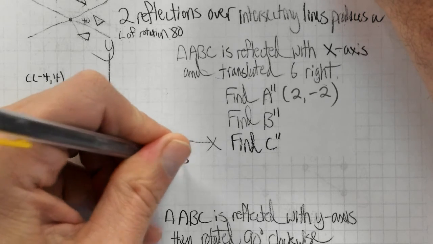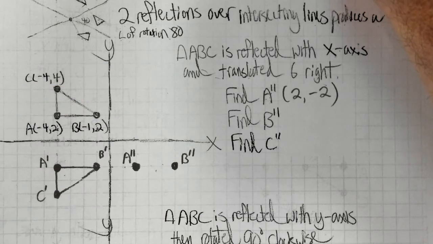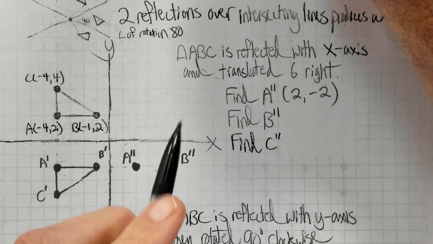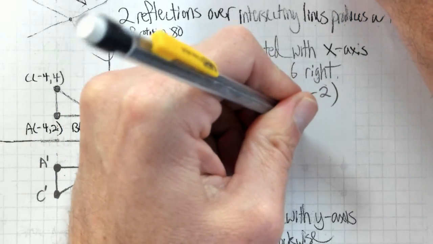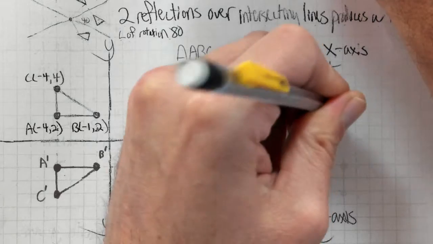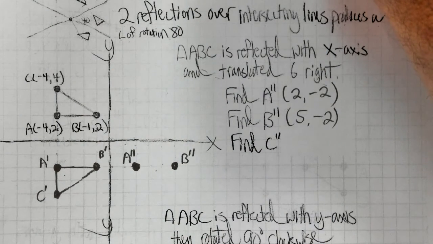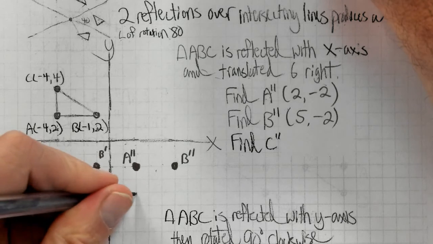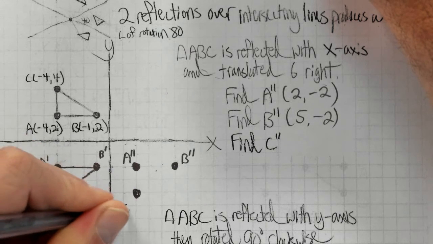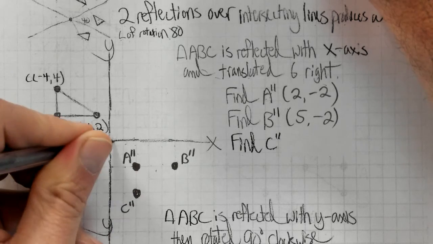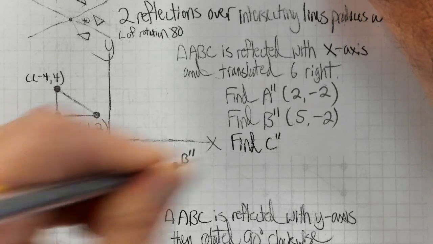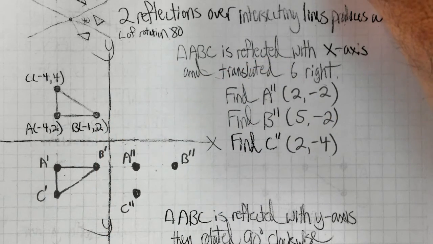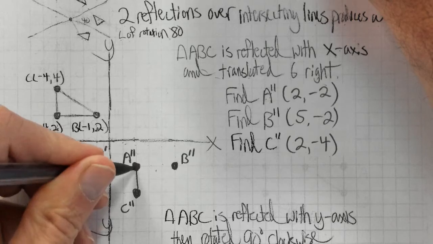That's B double prime. And we've got 1, 2, 3, 4, 5, down 2. So 5, negative 2. And now for C double prime, we've got 1, 2, 3, 4, 5, 6. It'll drop here. C double prime. Coordinates are 2, negative 4. And we can draw in now the new triangle.